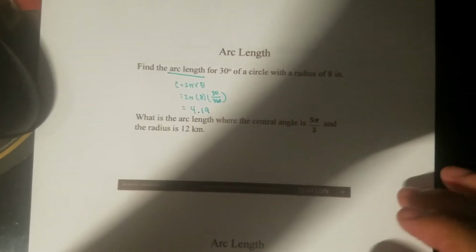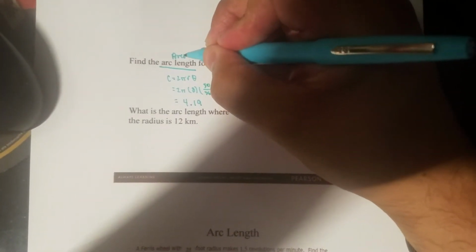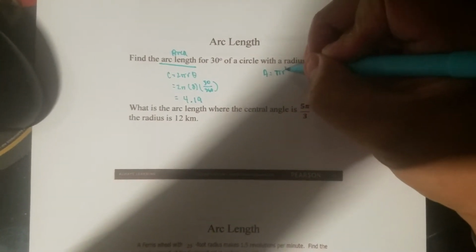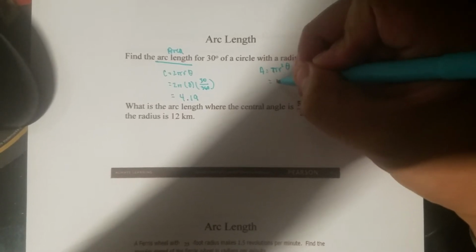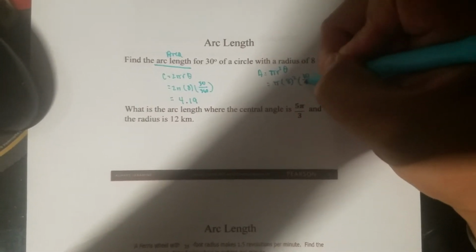4.19. Okay, if it did ask for area though, remember that is a different equation. So it'd be pi r squared times theta, so this would be pi times 8 squared times 30 over 360.